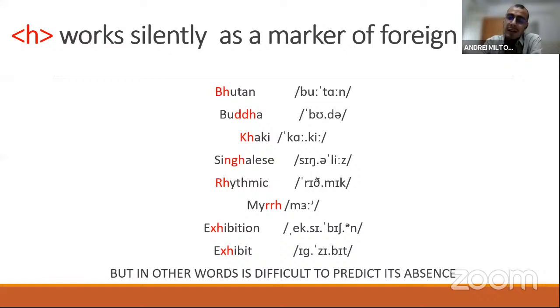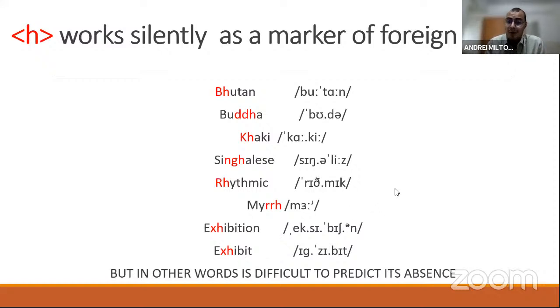In Hindi you will say Buddha, but in English we do not have those sounds, so we just pronounce it with the normal D. So it's Buddha. Then khaki, Sinhalese, rhythmic, myrrh, exhibition, and exhibit. All these words, as you can see, are foreign words: from Bhutan itself, from the Indian subcontinent, from the Middle East, Sinhalese from Sri Lanka, rhythmic and more from Greek, and exhibition and exhibit from Latin.